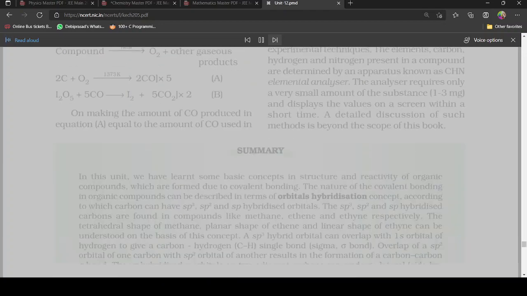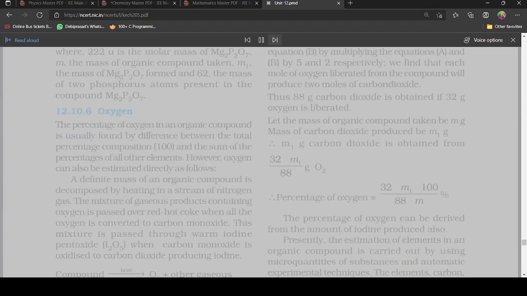Compound → (heat) O2 plus other gaseous products. 2C plus O2 → (1373 K) 2CO, times 5, equation A. I2O5 plus 5CO → I2 plus 5CO2, times 2, equation B. On making the amount of CO produced in equation A equal to the amount of CO used in equation B, by multiplying the equations A and B by 5 and 2 respectively, we find that each mole of oxygen liberated from the compound will produce 2 moles of carbon dioxide.